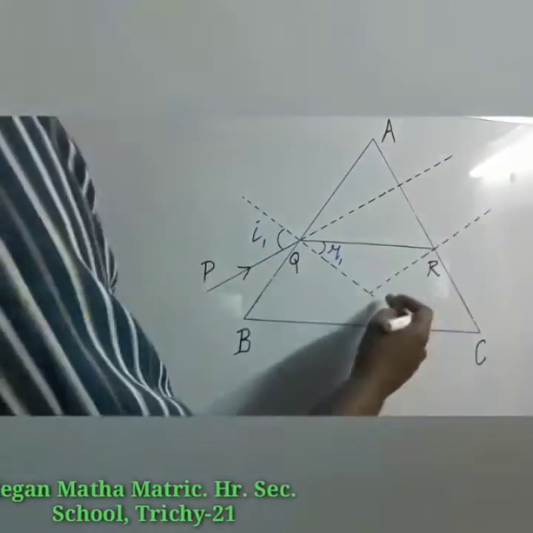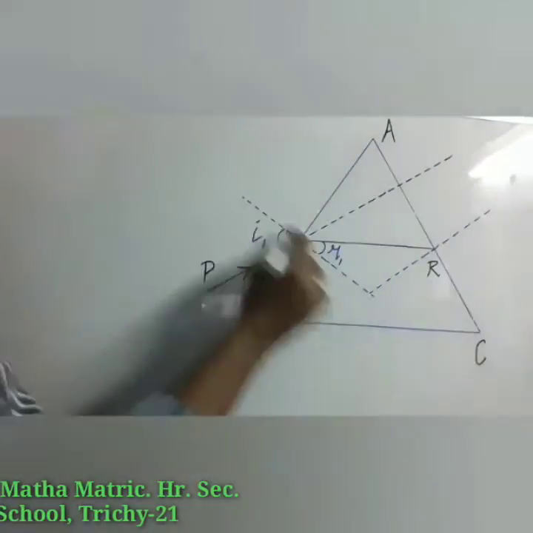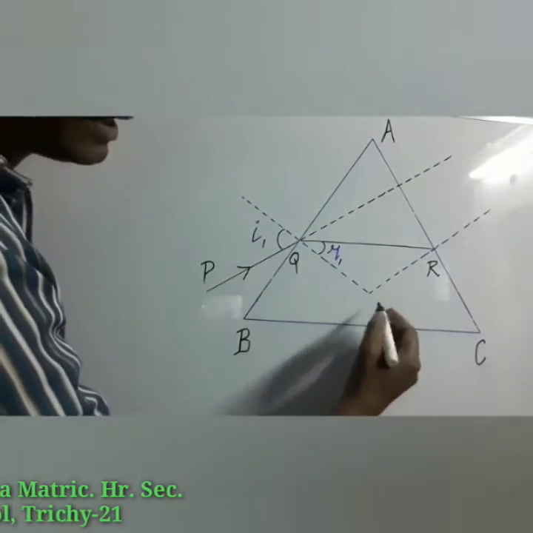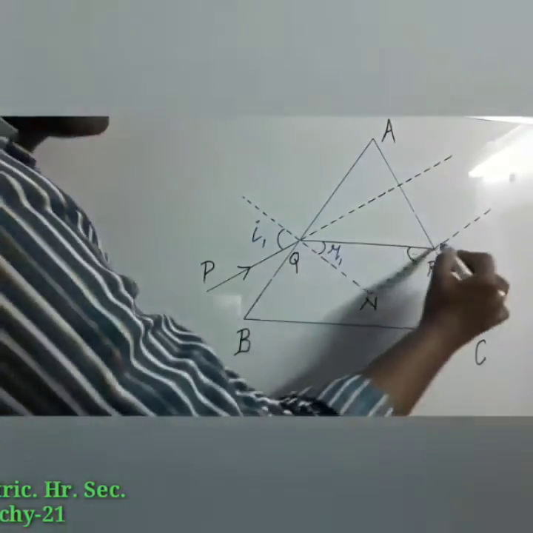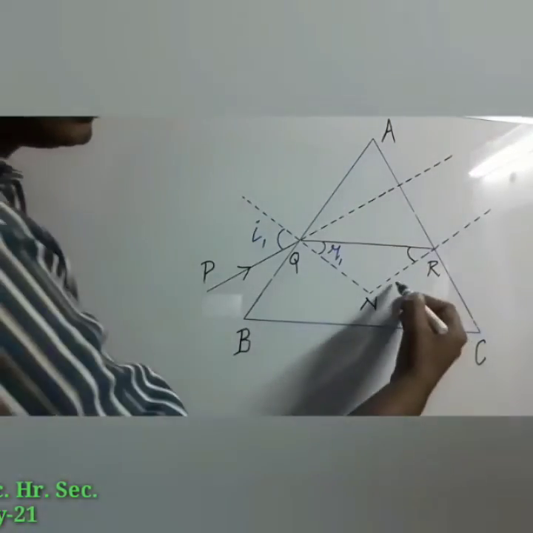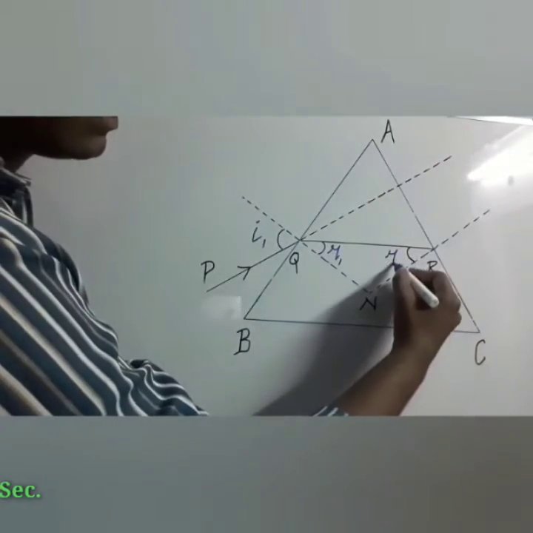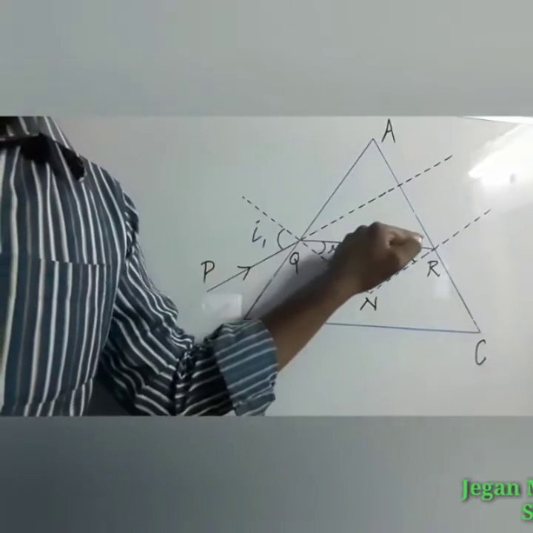Here I have drawn the normal to the second face AC. The two normals, which are represented by the dotted lines, meet at the point N. Here the angle between this refracted ray inside the prism and the normal of the second face can be taken as R2.